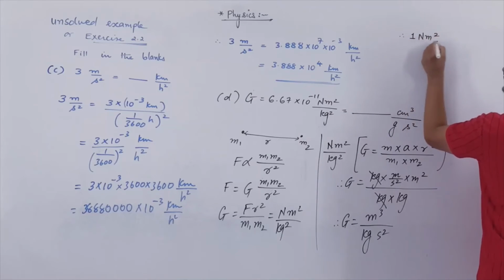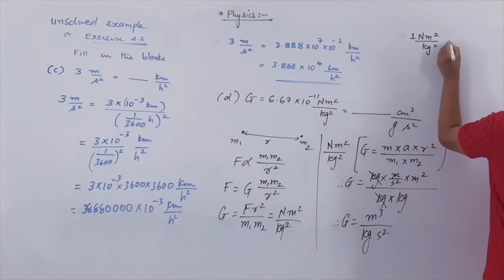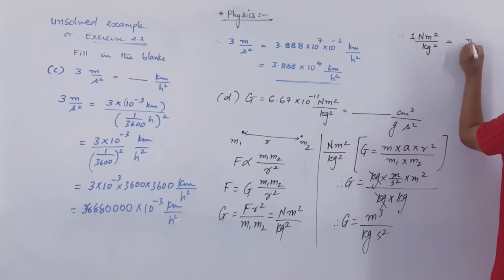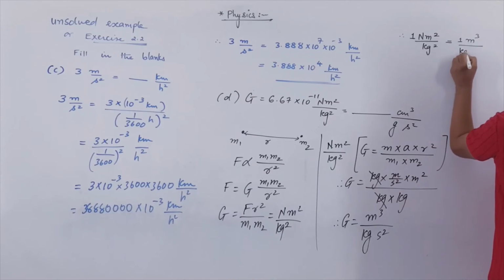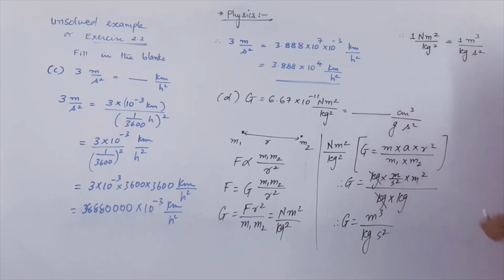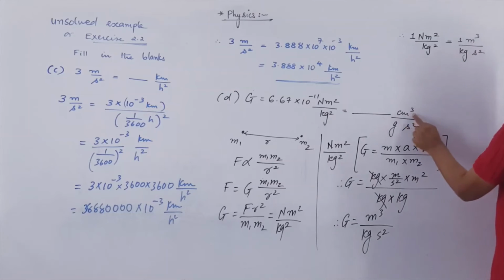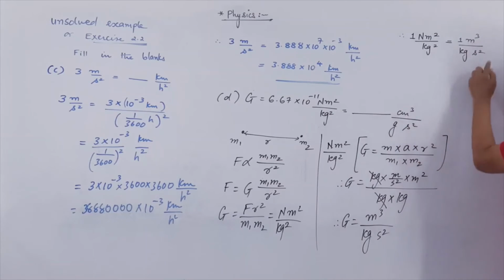So we can say that 1 Newton meter square upon kg square is equal to 1 meter cube upon kg second square. And this meter cube we have to convert into centimeter cube, kg into gram, and second will remain as it is. Clear? So let us simplify this.